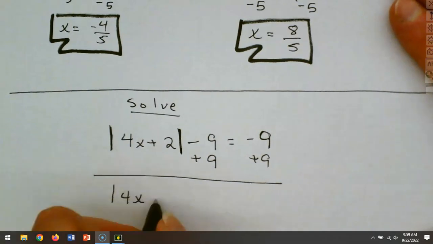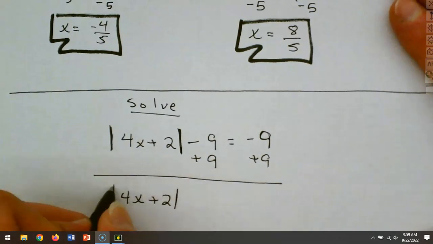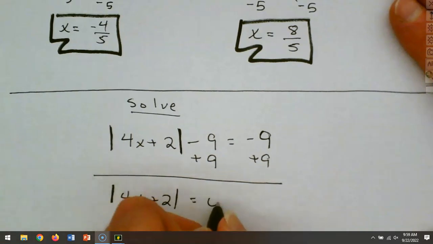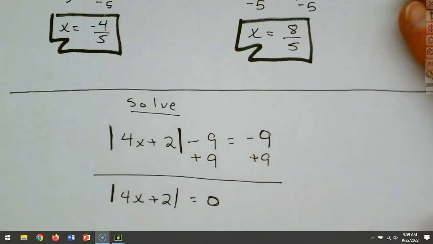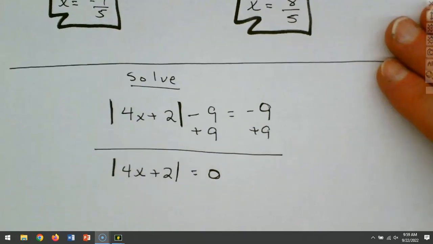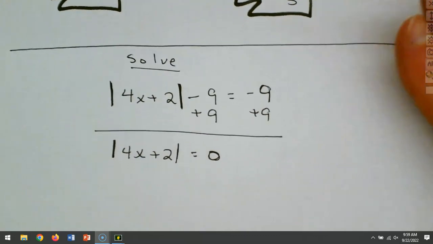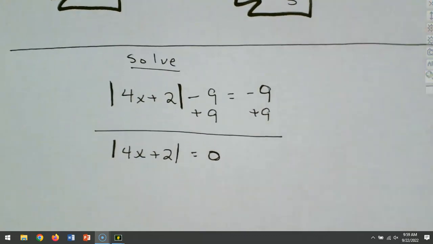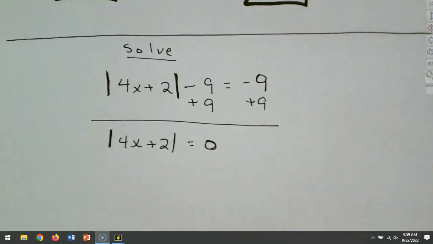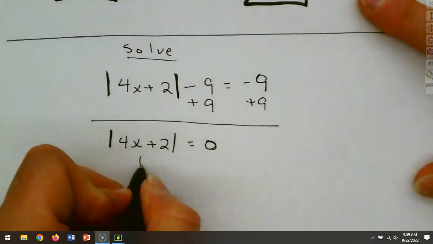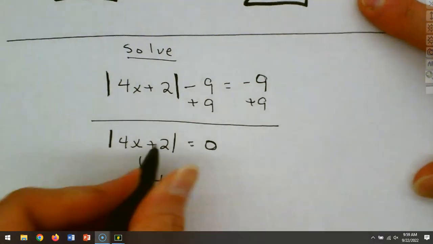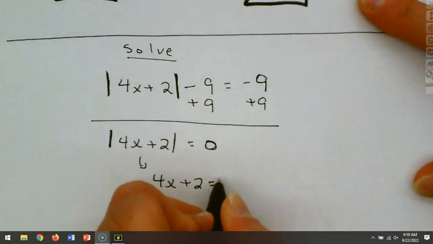So now we've got the absolute value of 4x plus 2 equals 0. This one is only going to have one solution because 0 is unsigned. So we don't have a positive and a negative case. We only have one. And so what's this going to give you? 4x plus 2 equals 0.